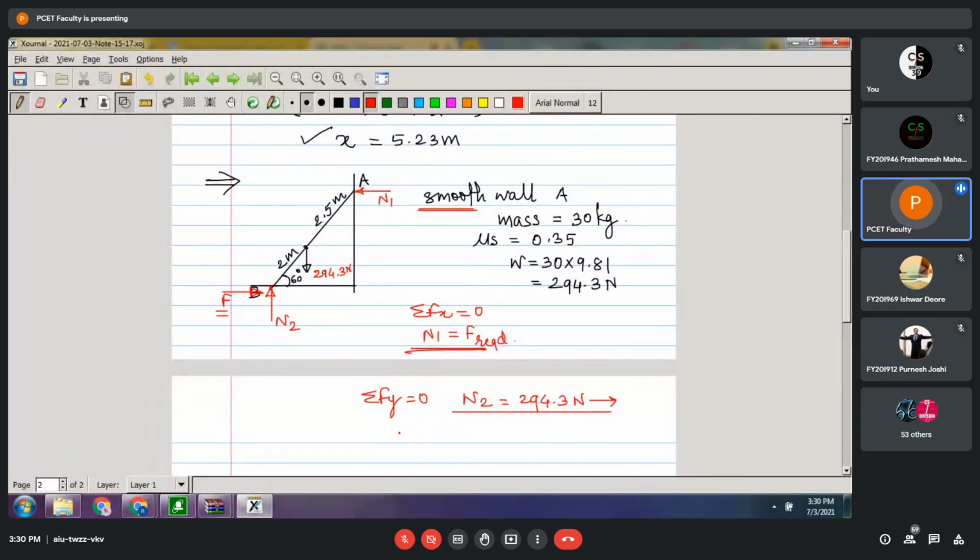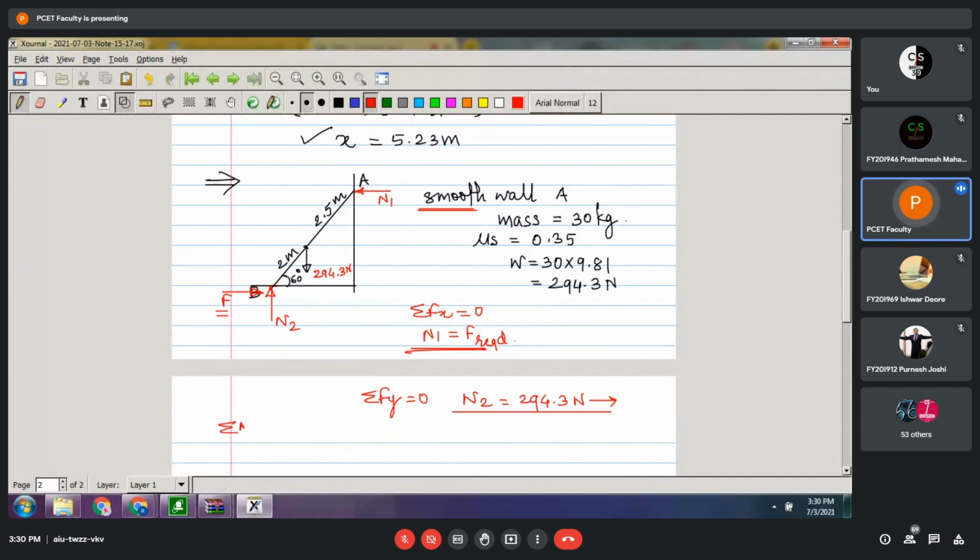Now I will take moments about which point? Point B. Yes. I need to take it about point B so that I will directly get the value of N1, which is nothing but my required frictional force.